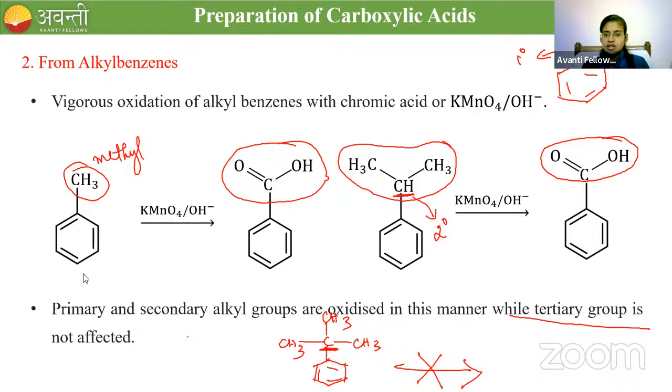One more thing is, you can take any alkyl benzene, whether it is methyl or isopropyl or ethyl or any alkyl group. All of them will end up with benzoic acid only. All of them will give the same product, which is benzoic acid.